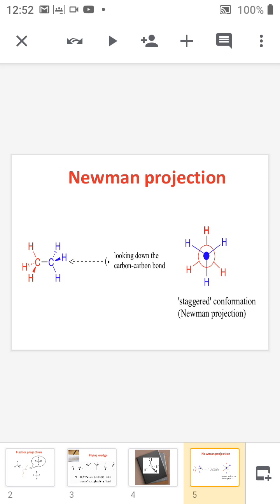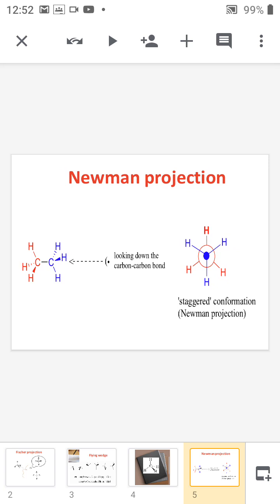So the figure shown on the right hand side is the proper Newman projection representation of an ethane molecule. If you are observing the molecule, we cannot see the C-C sigma bond directly, and we can see the front carbon atom and its other valencies, and the back carbon atom is represented by the circle, and the other valencies of the back carbon atom are represented like this.